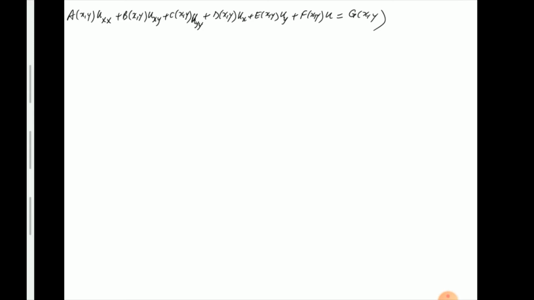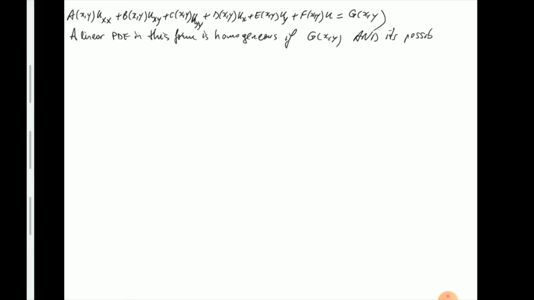Now another important definition: a linear PDE in this form that we wrote above is homogeneous if g of x, y and its possible boundary conditions are 0.